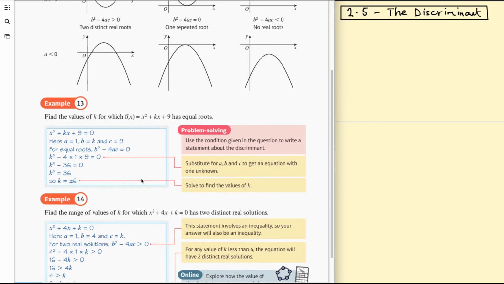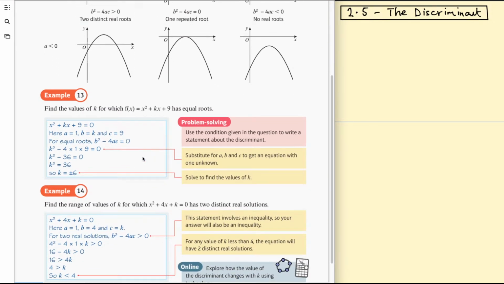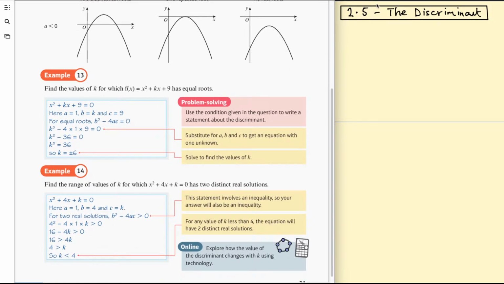Okay, so what sort of problems might you be expected to solve in terms of the discriminant? So here are a couple of examples. Find the values of k for which f of x equals x squared plus kx plus 9 has equal roots. This is in the style of exam style questions.